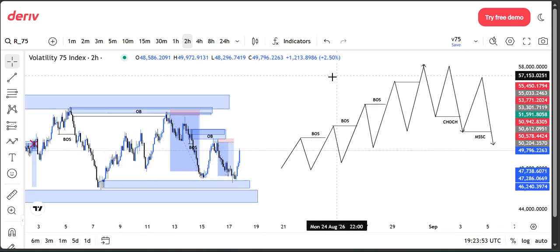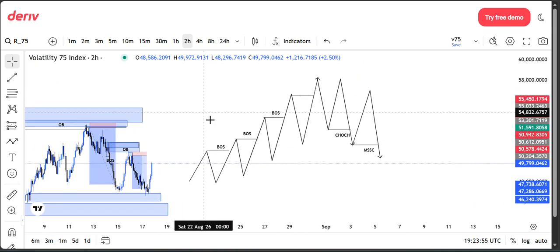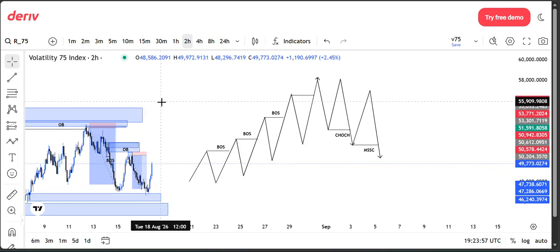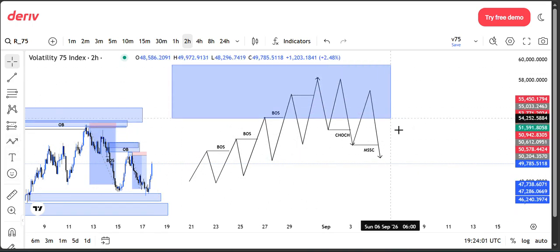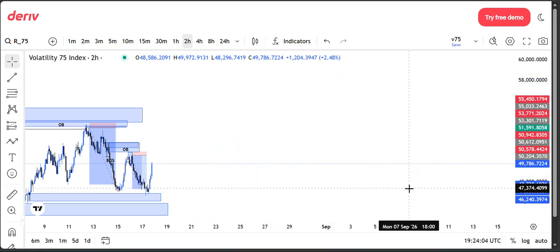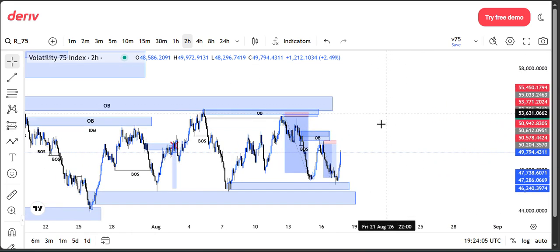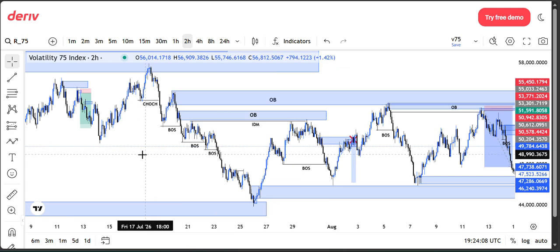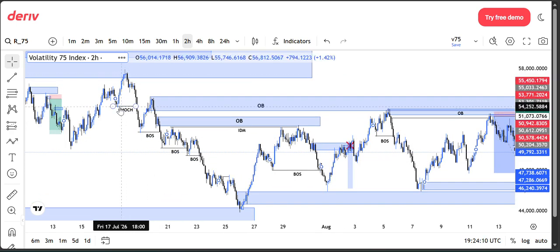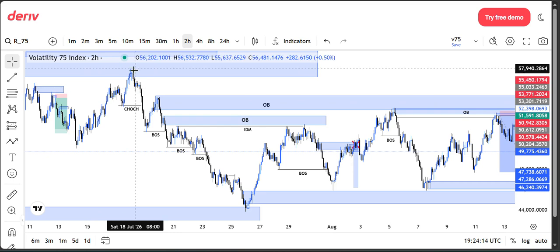Okay, so now let's go back to look at the trade we took. Let me take this out. So now coming back to V75, we saw this. After we have this change of character, meaning price broke structure, it changed from bullish to bearish.